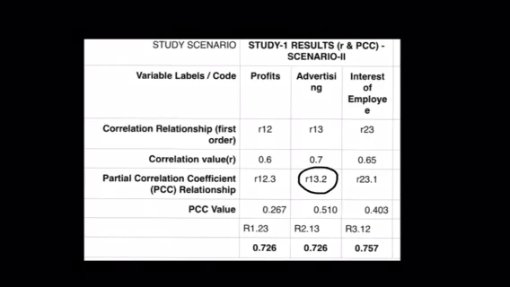To understand how we need to calculate PCC, for example R13.2, we need to appreciate that 1 and 3, and the relationship between, in this case, profits and interest of employees is sought to be understood while partialing the influence of advertising. That's exactly what we mean by R13.2.